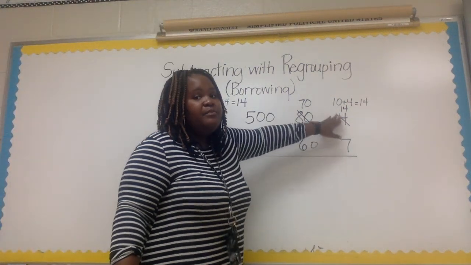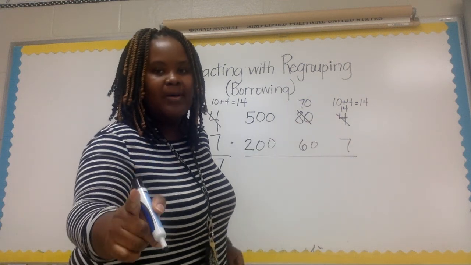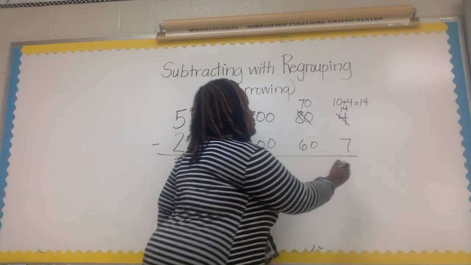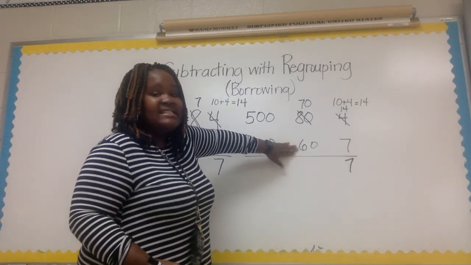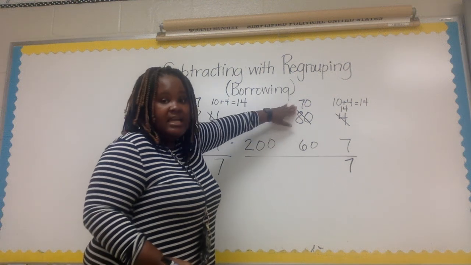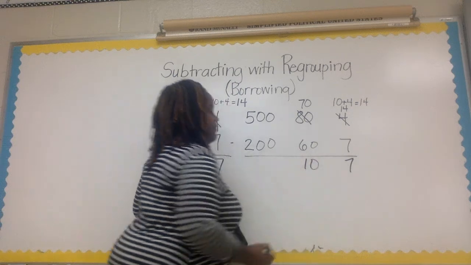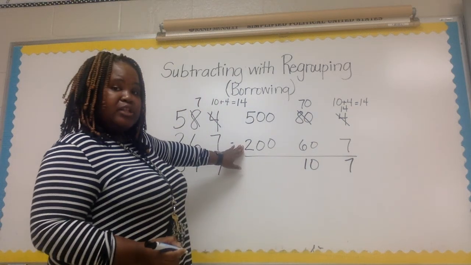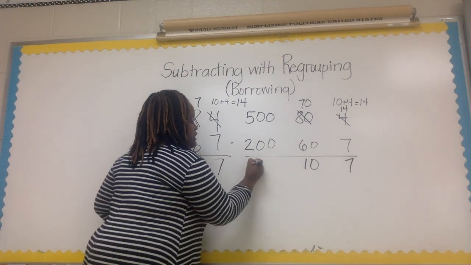Now that I have enough, let's subtract. I know I can take 7 from 14, and I know that 7 from 14 always, always, always gives me 7. Okay? I can subtract 60 from 70, and that's going to leave me with 10. Okay? I can subtract 200 from 500, that's going to leave me with 300.